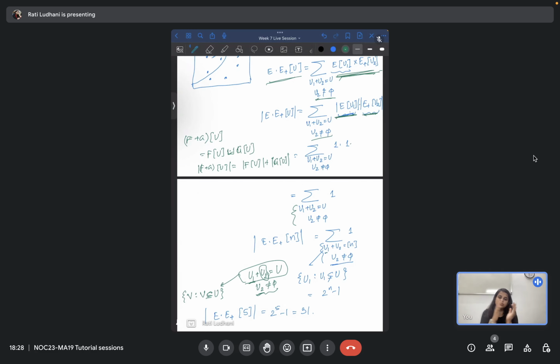When U1 is the full set, when U1 is U, then U2 will be phi. So you just remove the possibility of V being U and take strictly contained subsets. You know that all the subsets are 2 raised to power n, so you just remove one element, that is U. So minus 1, that is 31. Okay, so this is the question.